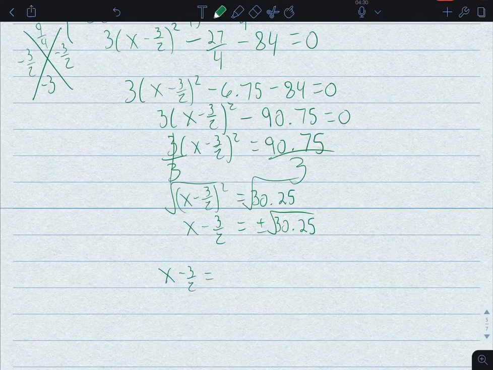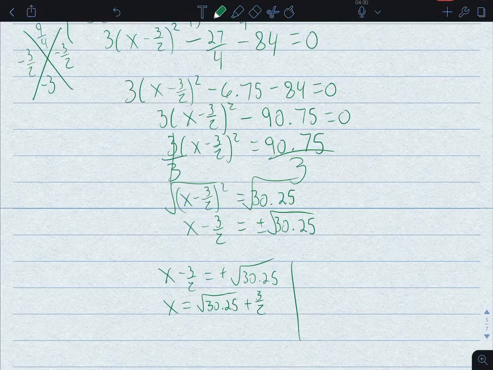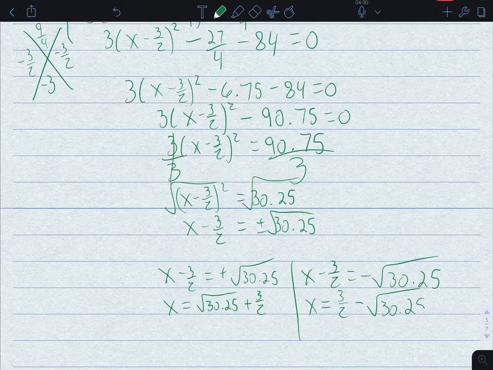So x minus 3 over 2 equals the positive square root 30.25, and we would answer this by adding the 3/2 to the other side: square root 30.25 plus 3 over 2. And the other option is the negative version, x minus 3 over 2 equals negative square root 30.25, which means x is equal to 3 over 2 minus square root 30.25.